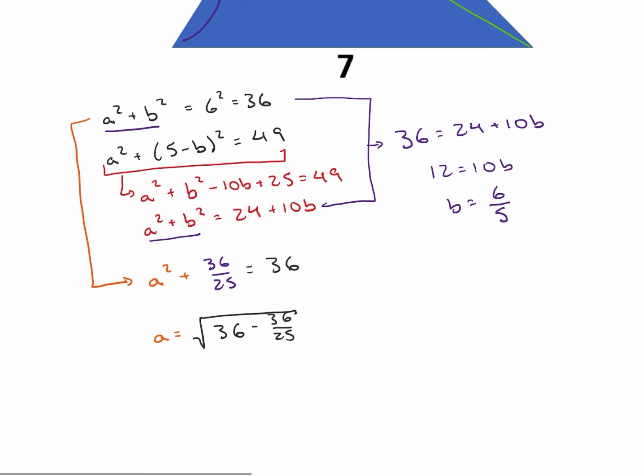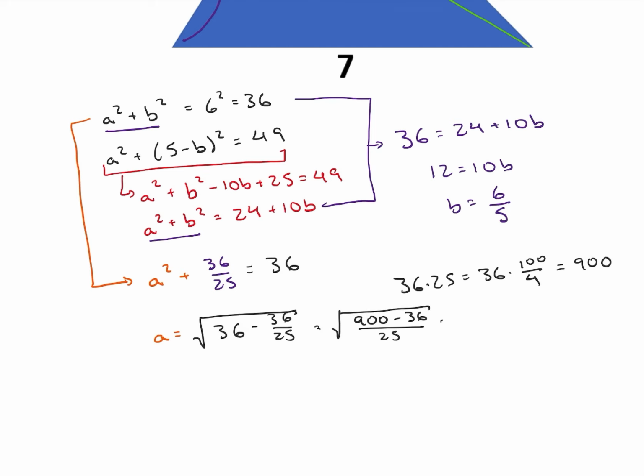Okay, I don't believe in calculators, so let's look at this real quick. If I want to get 36 times 25, so everything in the numerator with 25 on the bottom, that's going to be the same as 36 times 100 over 4. 36 over 4 is 9 times 100, so that'll be 900. So this is going to be the square root of 900 minus 36 over 25, which is 864 over 25.